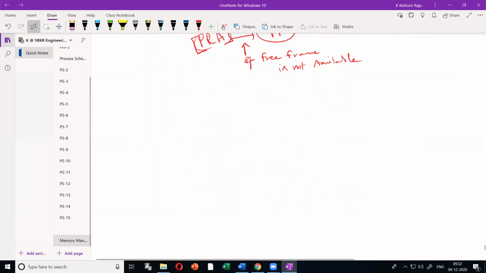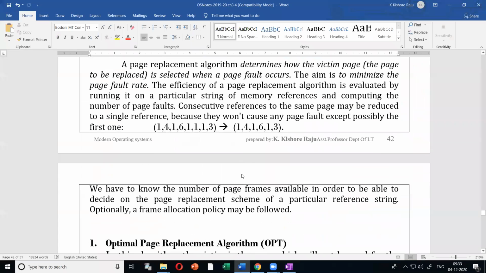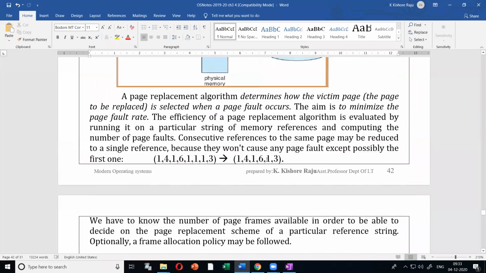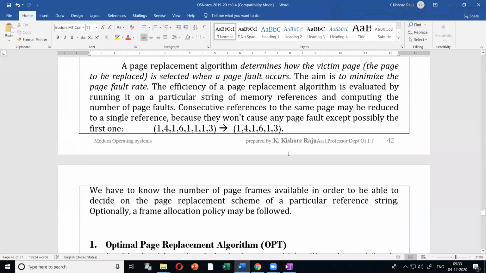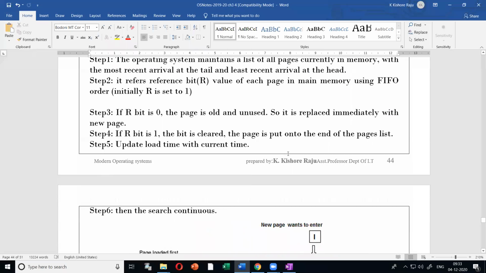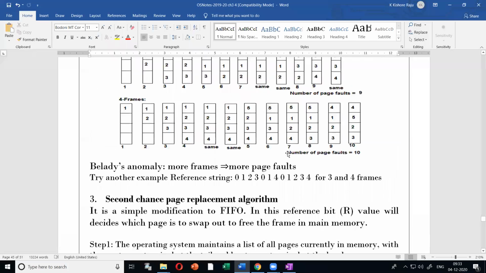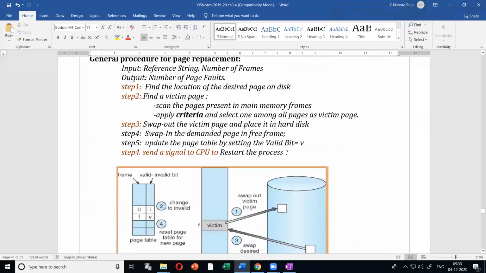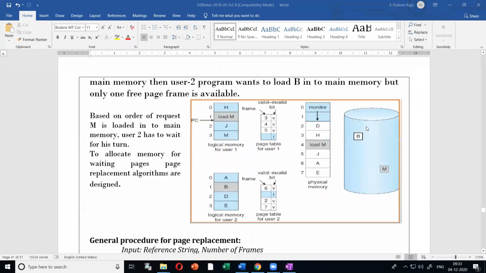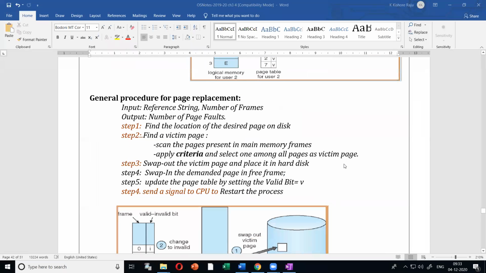So now, what are the different page replacement algorithms? Basically, there are three page replacement algorithms.